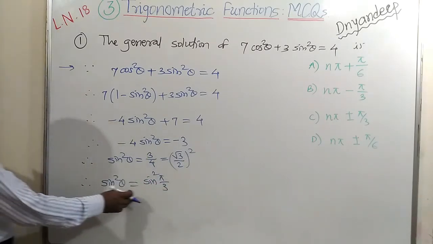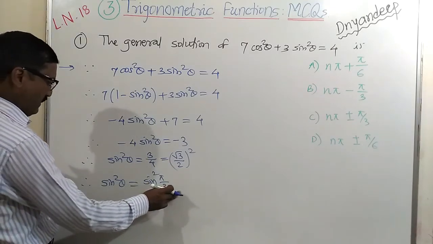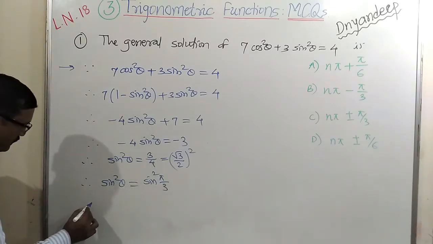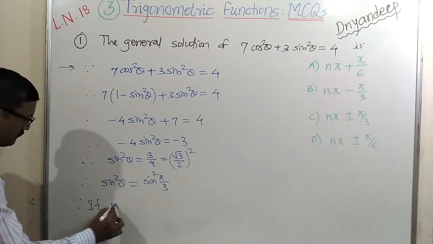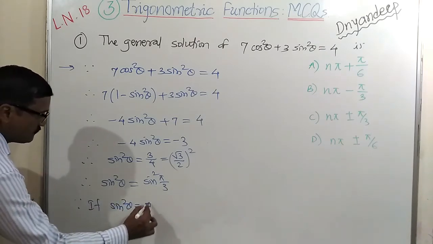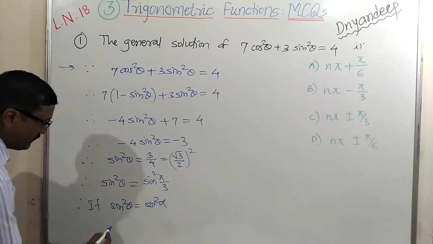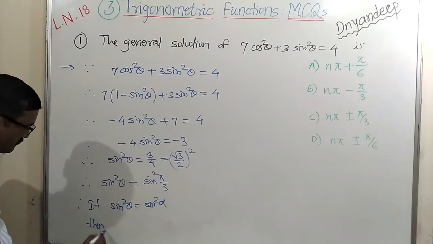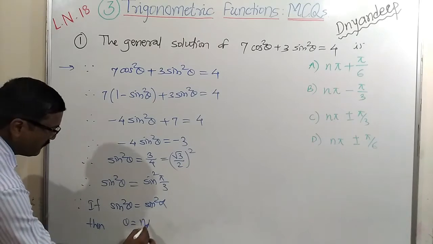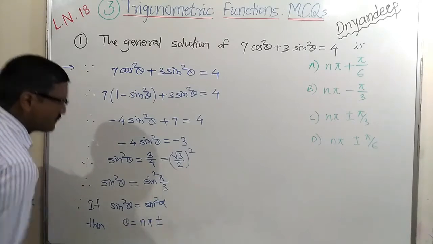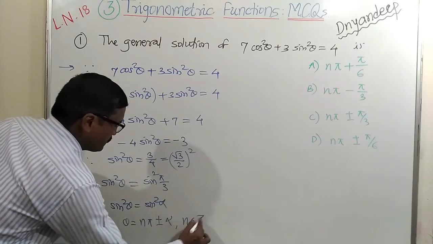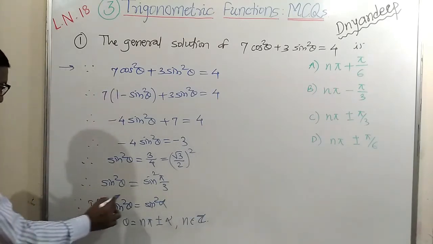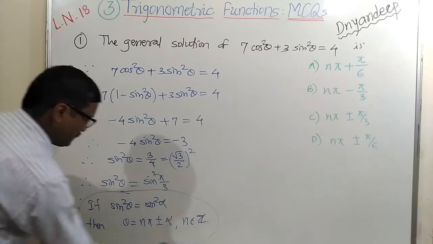Now as sin square theta is equal to sin square alpha, then theta is equal to n pi plus minus alpha, where n belongs to integer. Is it okay? This is our formula. Remember this as formula.